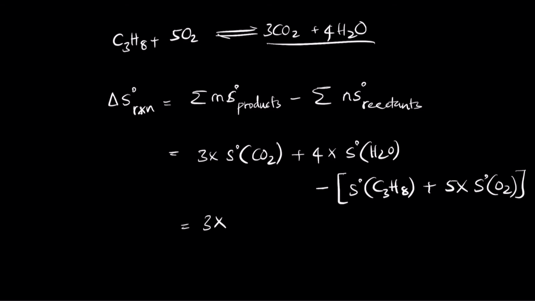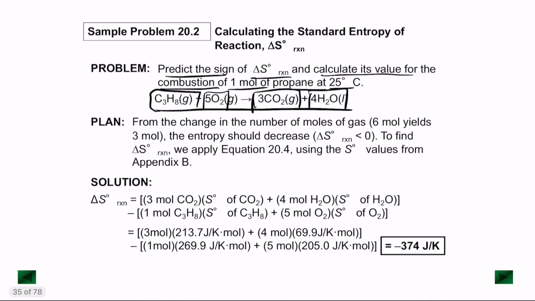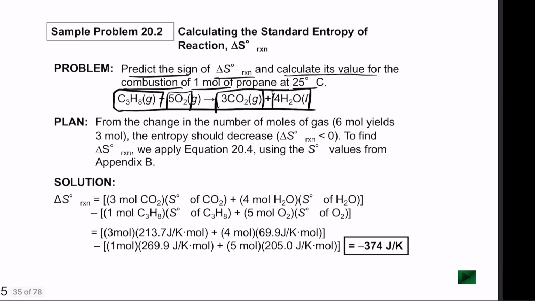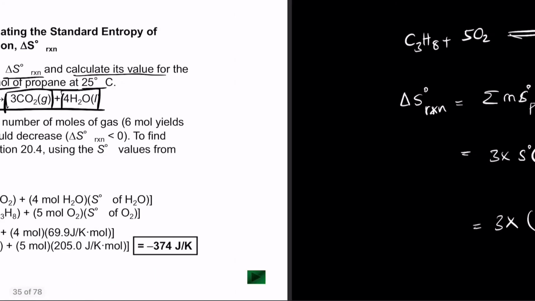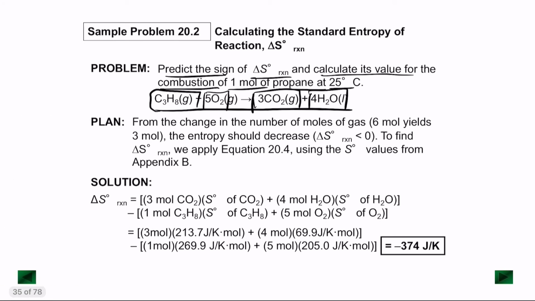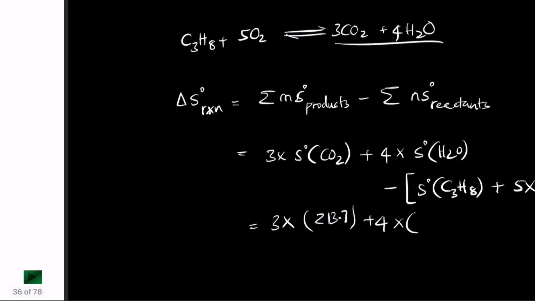So when you substitute the values, 3 times S of CO2 is 213.7 plus 4 times S of H2O is 69.9.